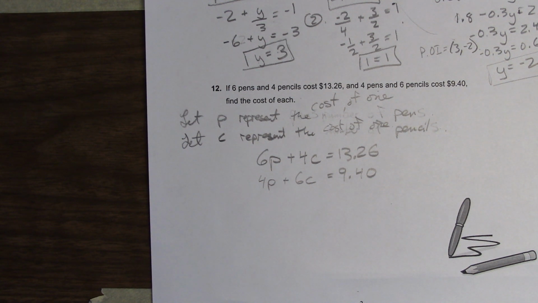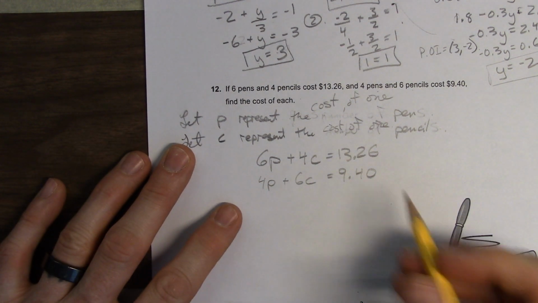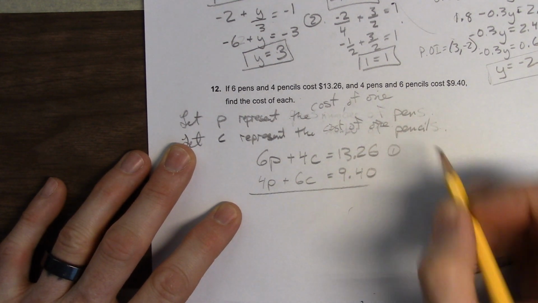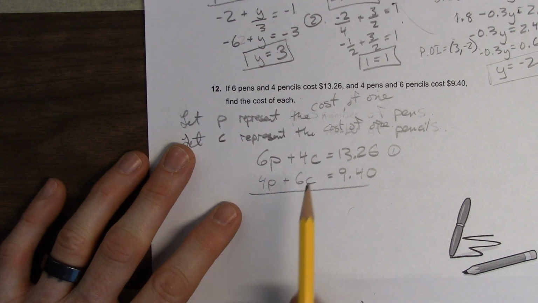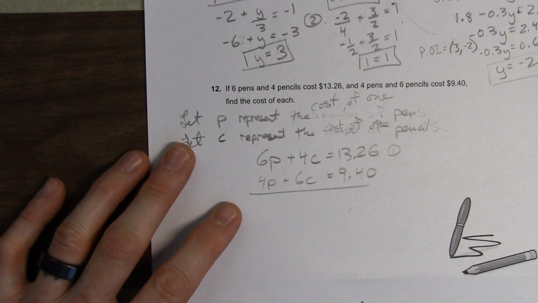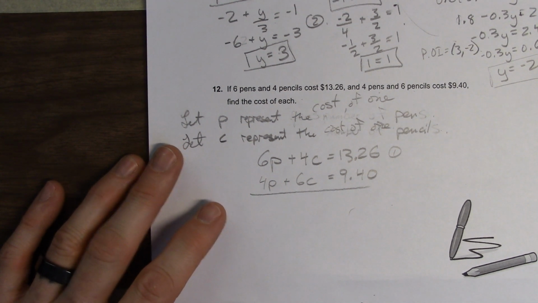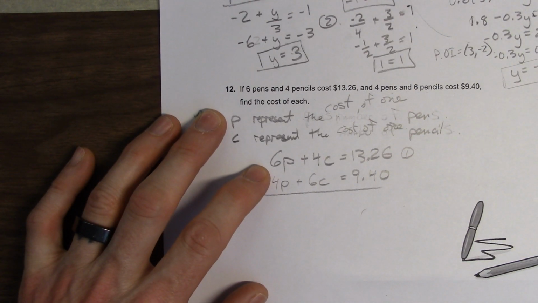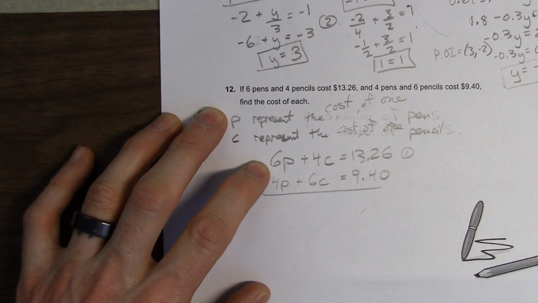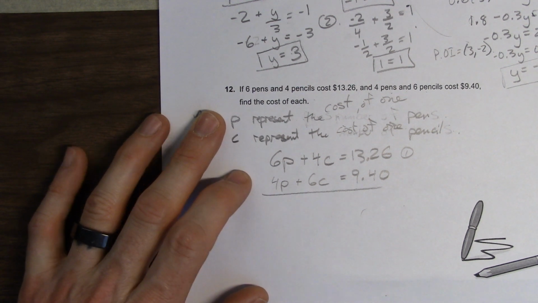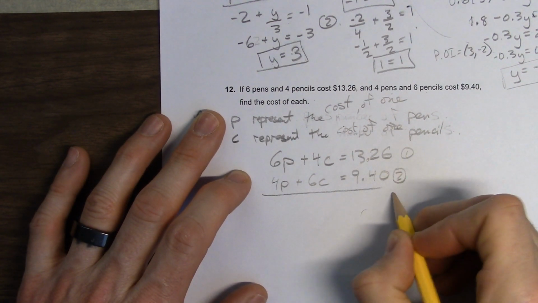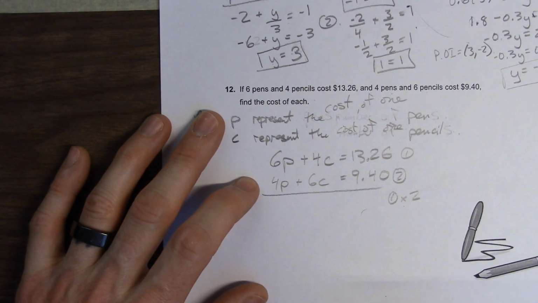Multiply the equation. Yeah, what am I going to multiply the first one by? 3. 2. No, 2 won't work either. Oh, sorry, 2 could work because I would have 12p and then I could multiply this by 3, right? Yeah, that works. So let's go 1 times 2.